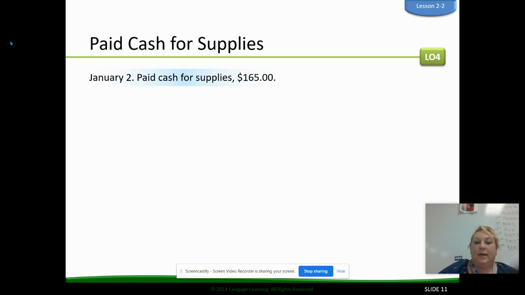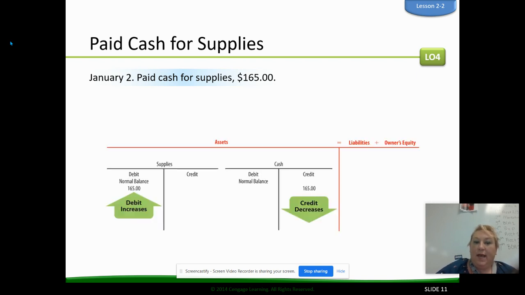So remember, assets, liabilities, and owner's equity are our classifications, and then cash and supplies are accounts within those classifications. So I had one asset that went down and one asset that went up. So my supplies went up, my cash went down. There's my debit, there's my credit. And they're on the same side of the equal sign, so we're good. 165 minus 165 is 0.